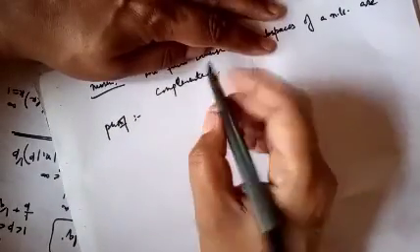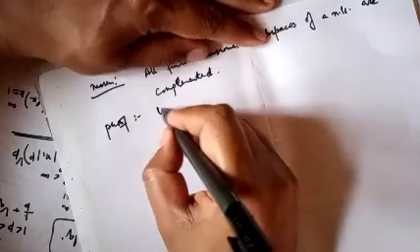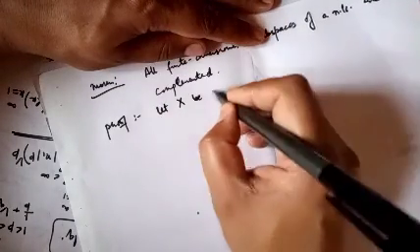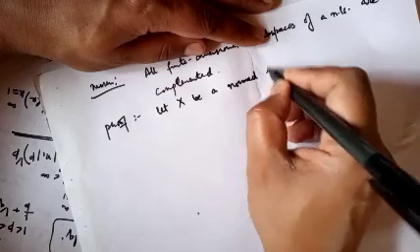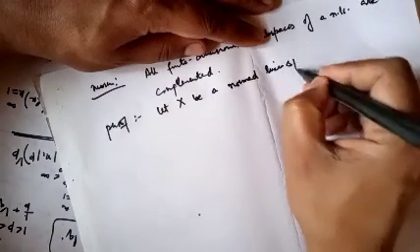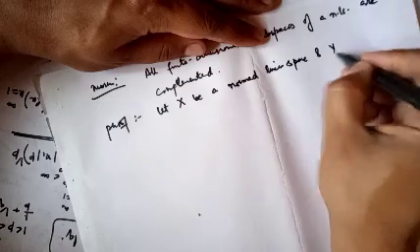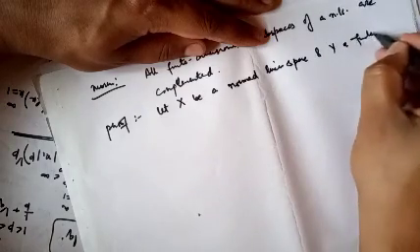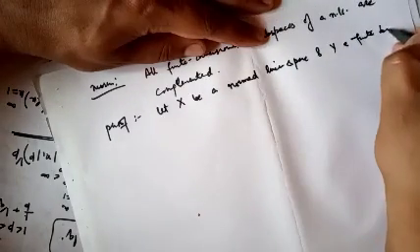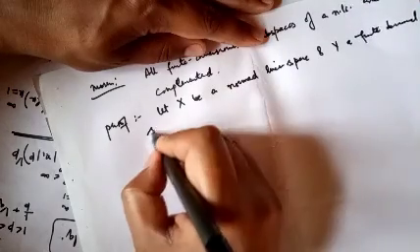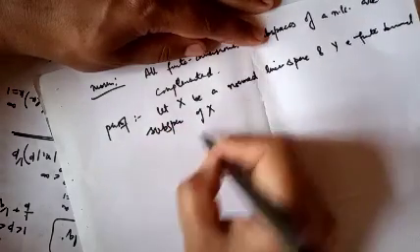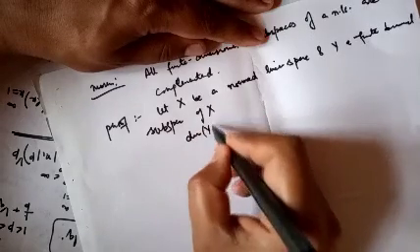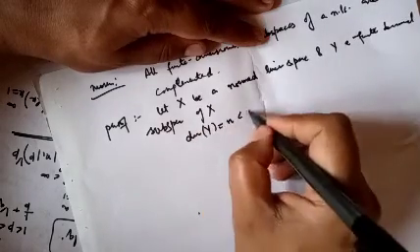Okay, now let X be a normed linear space and Y a finite dimensional subspace of X. It means that, let us say, the dimension of Y is equal to n, which is less than infinity.